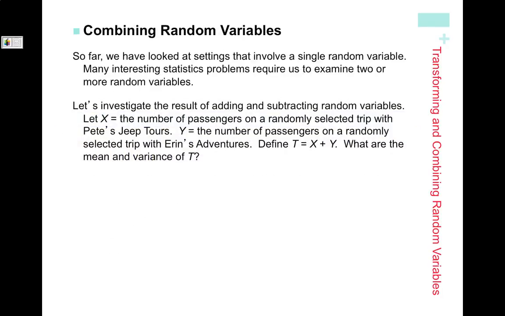And this is where we will stop for today's video. In the next video, we'll look at how we could combine random variables together and what that means and what implications that has on mean and standard deviation.